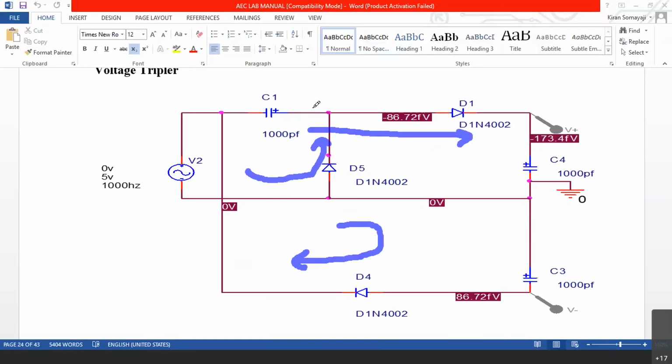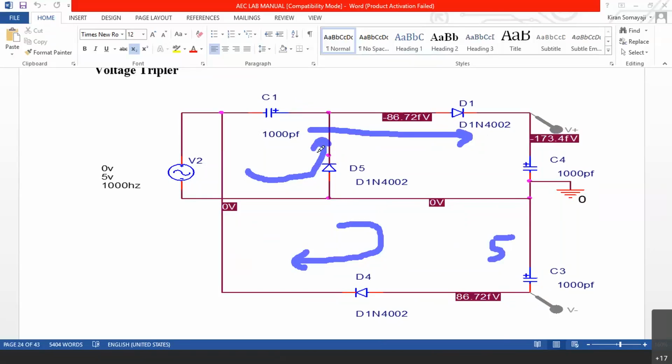So what happens here is, in the negative cycle, when D4 is conducting, this gets charged to 5 volts. But in the positive cycle, initially, when D1 was conducting, C1 gets charged to 5 volts.